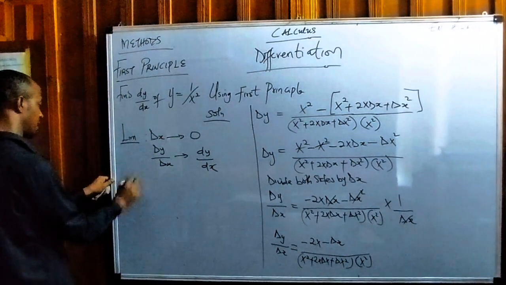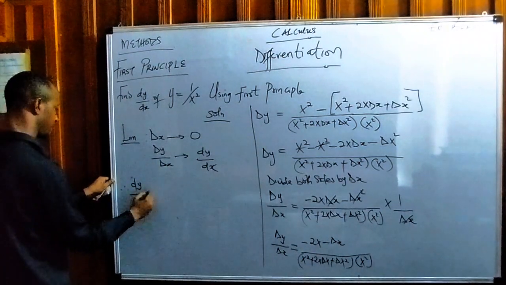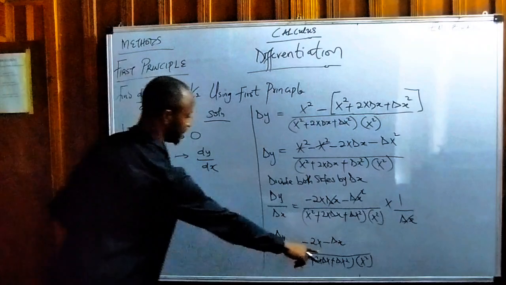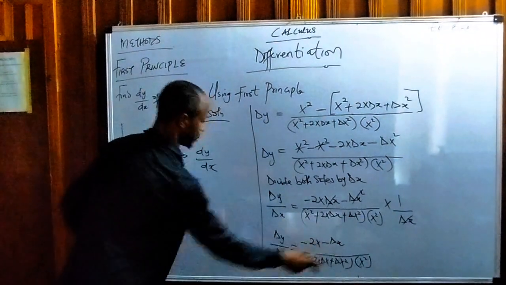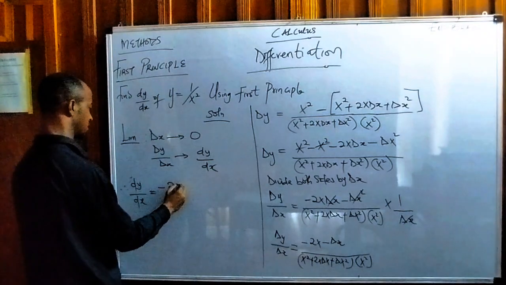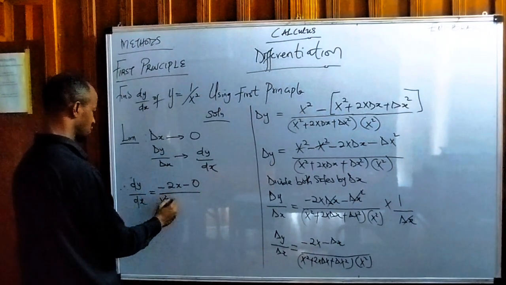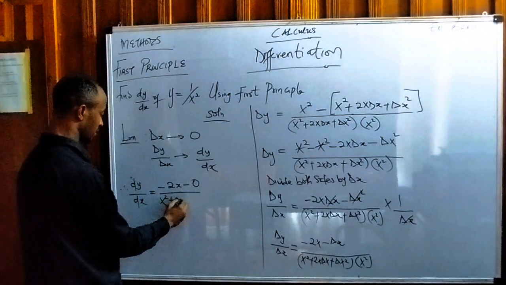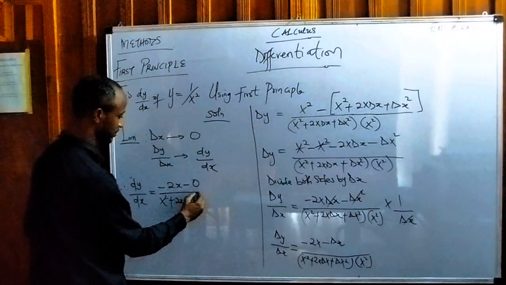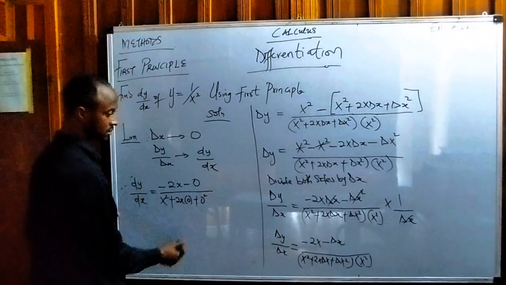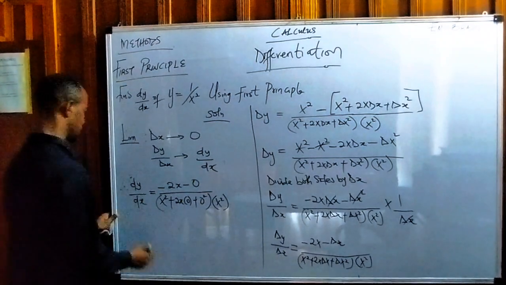Therefore, our dy/dx becomes, it simply means that anywhere we see delta x, we are going to put 0. So here becomes minus 2x minus 0, divided by x squared plus 2x times 0 plus 0 squared, all multiplied by x squared.